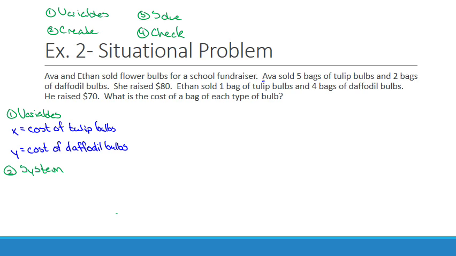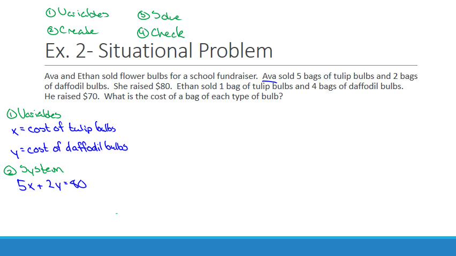It talks about Ava right here. Ava sold 5 bags of tulip bulbs and 2 bags of daffodils, and she raised $80. So we know that she sold 5 times whatever the cost of the tulip bulbs is, x, plus 2 bags times whatever the cost of the daffodil bulbs is, and that was going to equal $80.